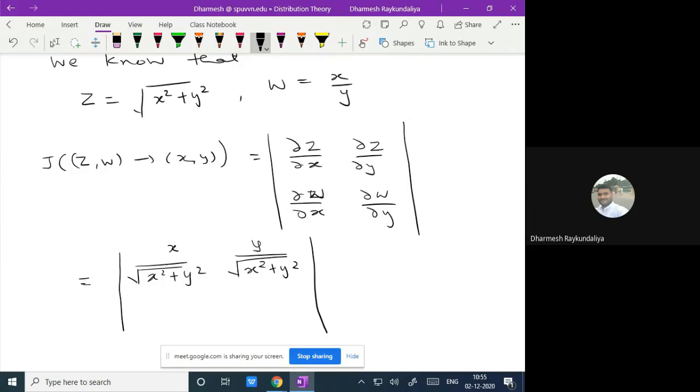W is X upon Y. So what is the derivative of W with respect to X? So 1 upon Y is a constant and partial derivative of X with respect to X is 1. So it is 1 by Y. And what is the derivative of W with respect to Y? So X is a constant, derivative of 1 upon Y is minus 1 by Y square. So it is minus X upon Y square.